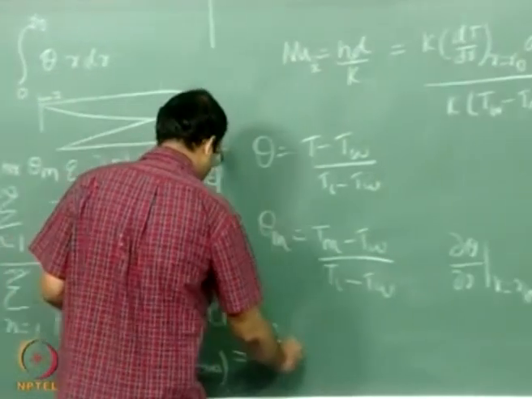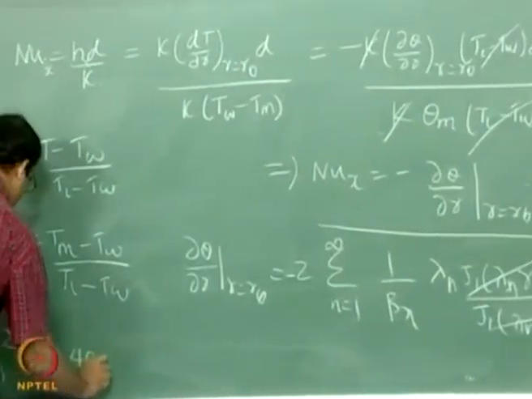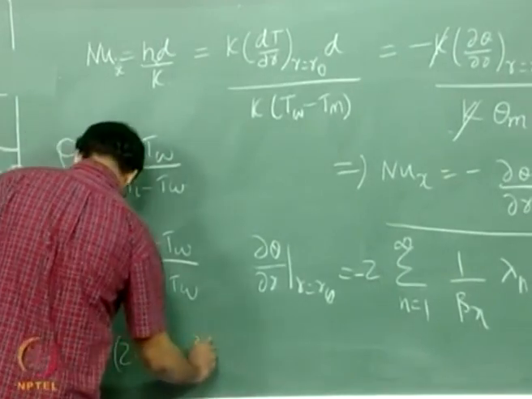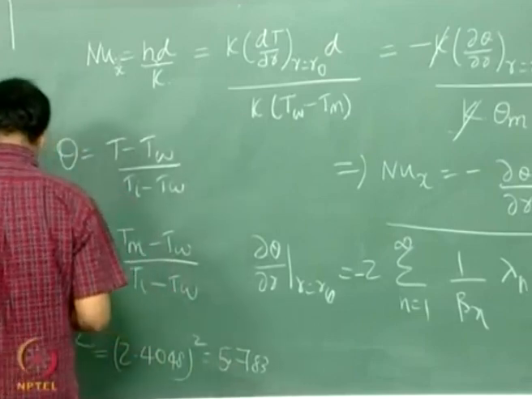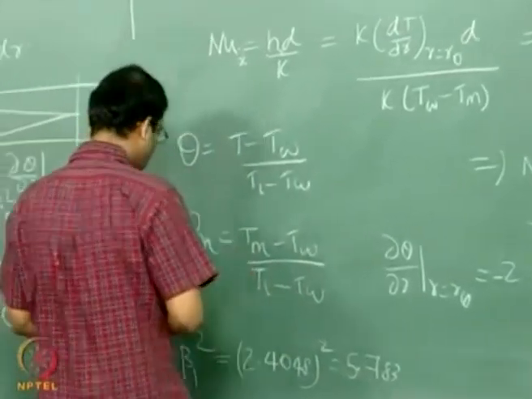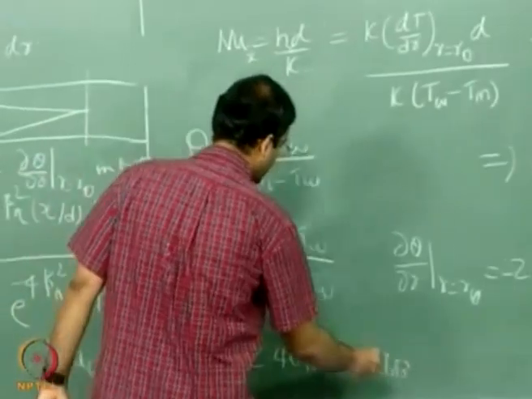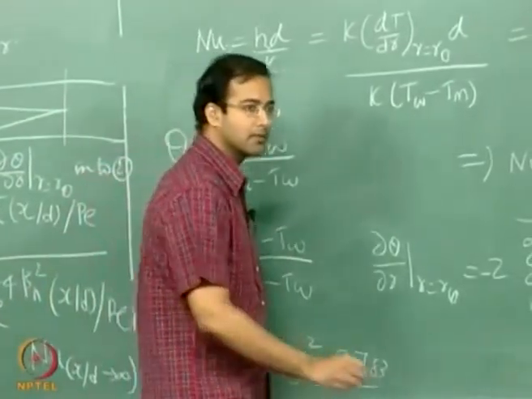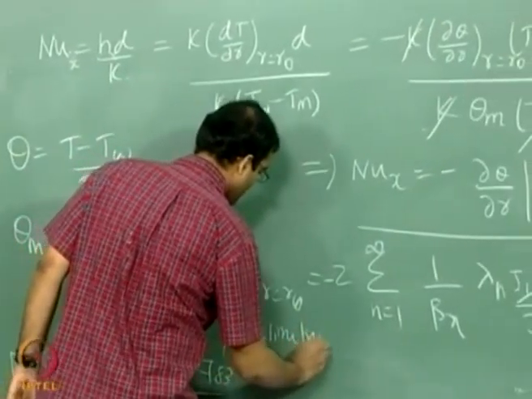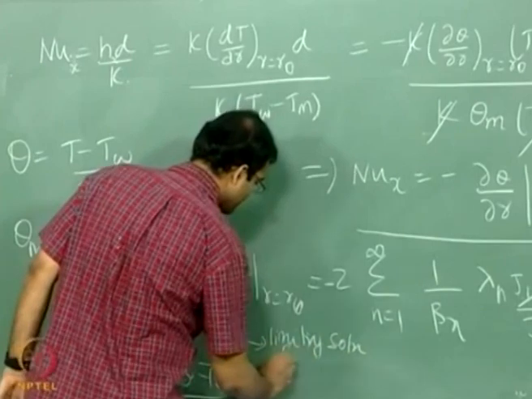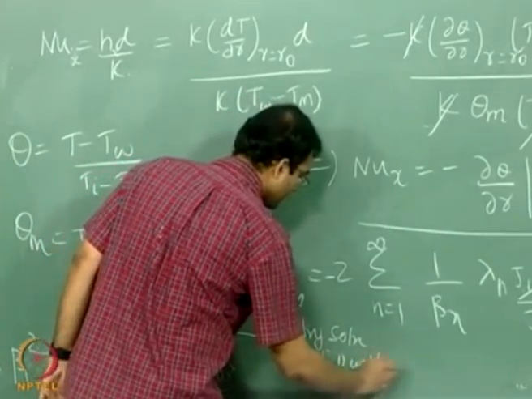So if you substitute the value of beta 1 square as 2.4048 the whole square, that comes out as 5.783. This is the limiting solution for thermally fully developed flow with plug flow.